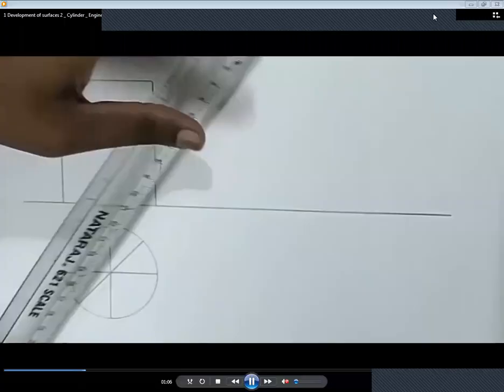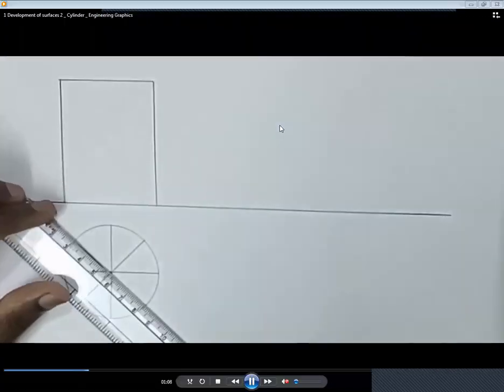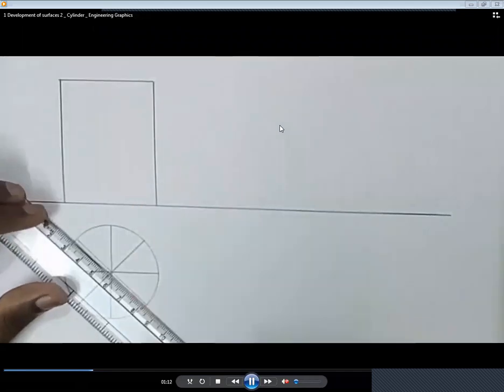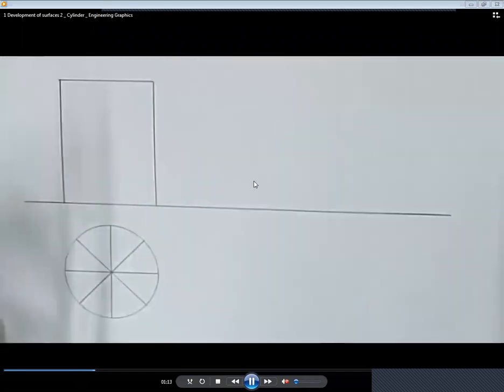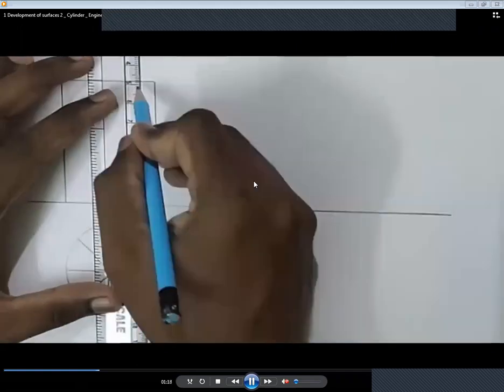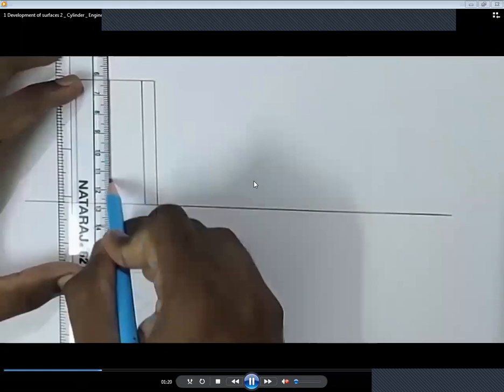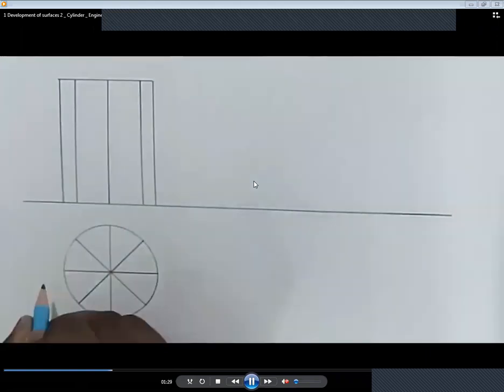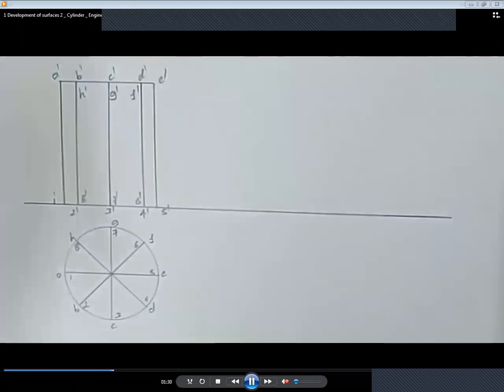So make equal parts of circle in top view. And just draw the generators according to the points. You have to give numbering or naming in top view and front view.